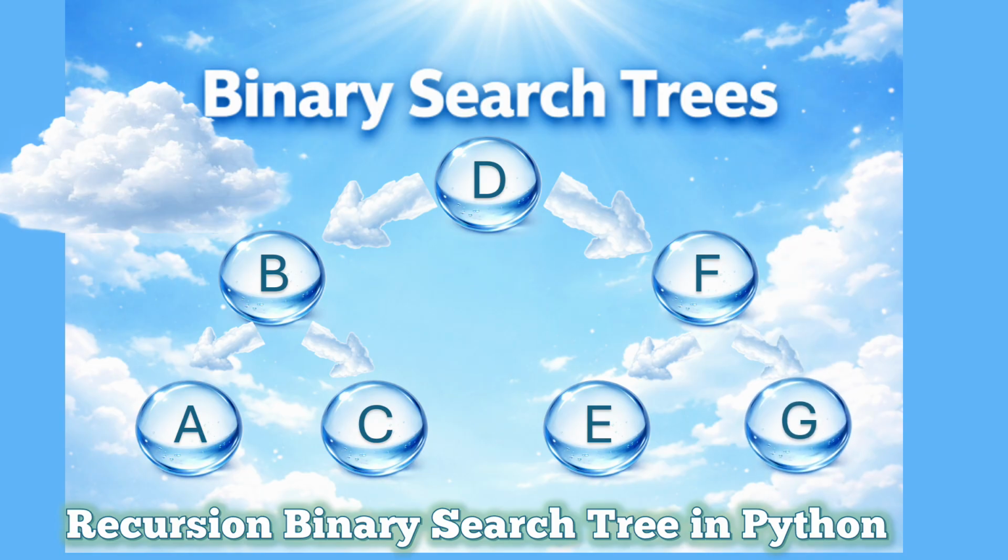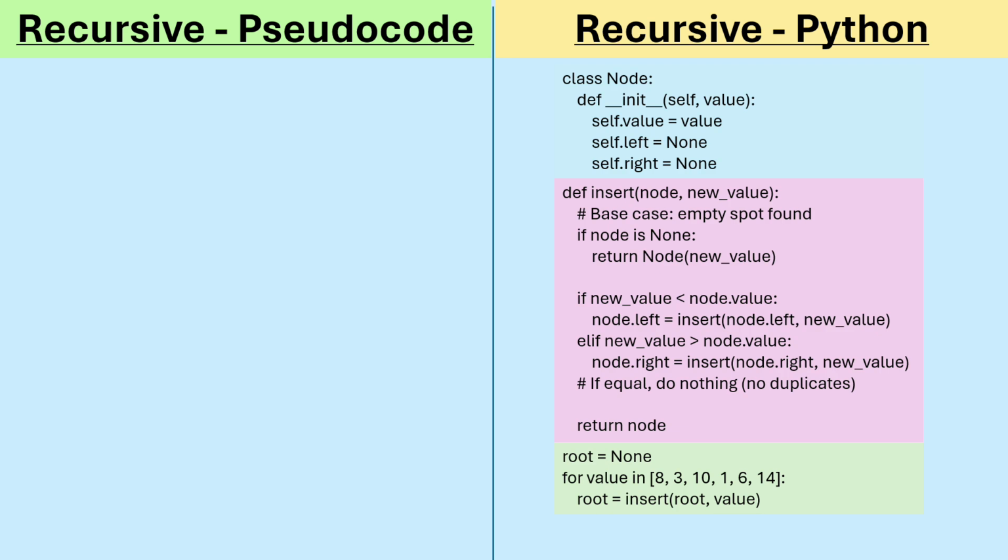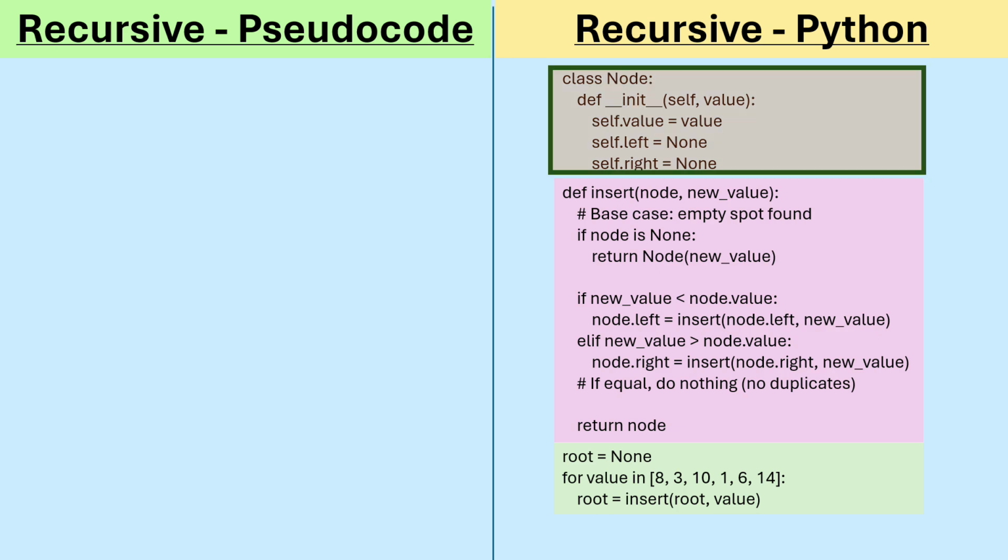Okay, first let's look at the code itself. The first couple of lines are looking at the object node. When we create the object node, as you can see, it takes the value we've put in, but the left side of our node is going to be None, and the right side of our node is going to be None.